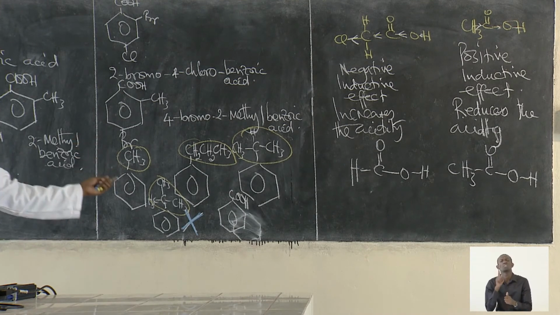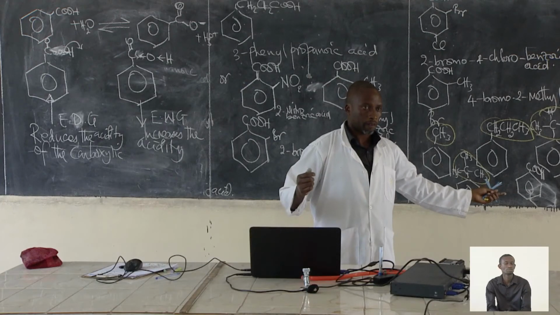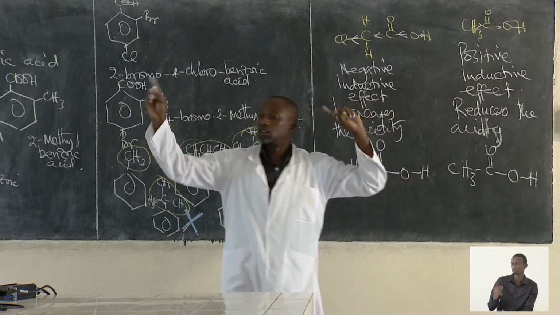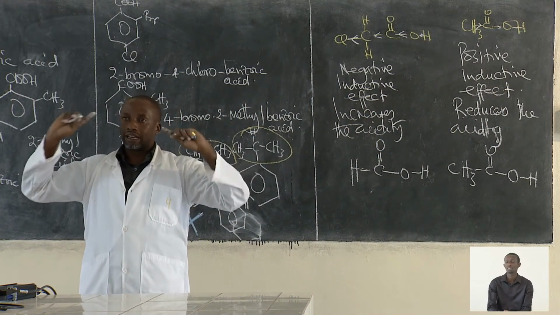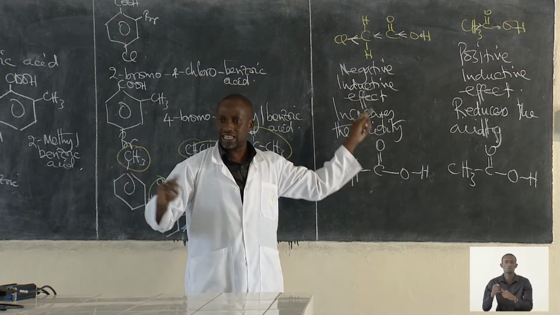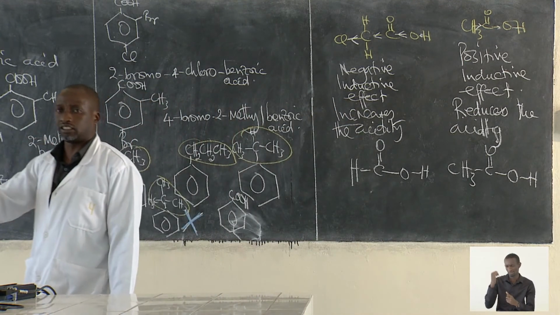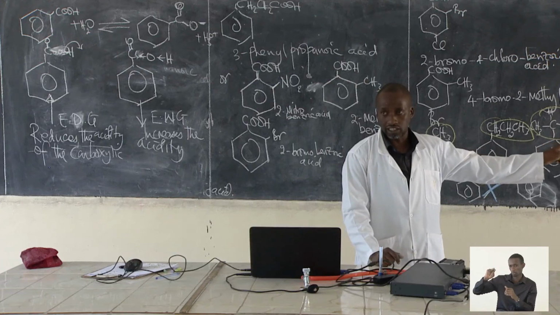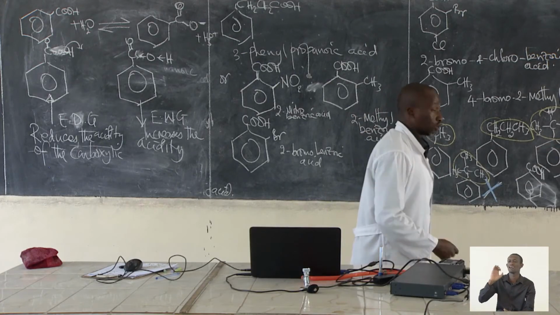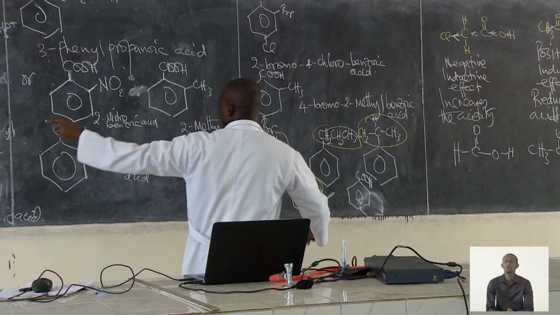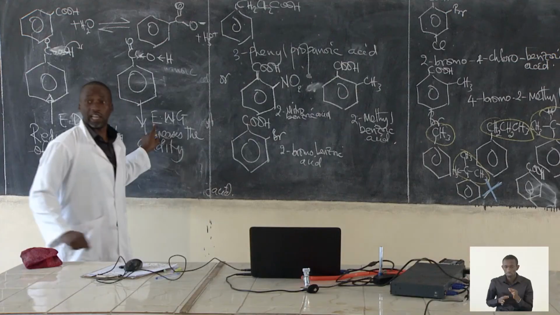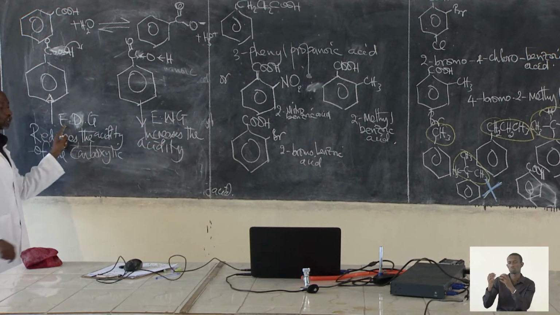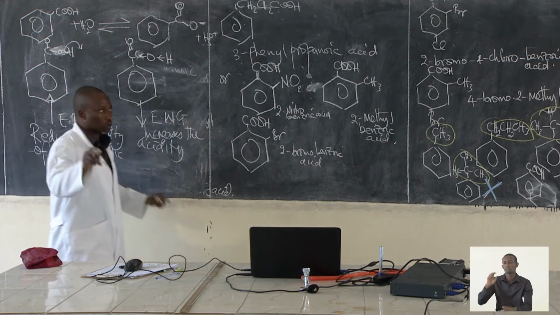Because they are all carboxylic acids. Remember these two words. If you can recall the idea that the teacher explained in aliphatic carboxylic acids, then you'll be able also to explain the idea of the electron withdrawing groups and electron donating groups.